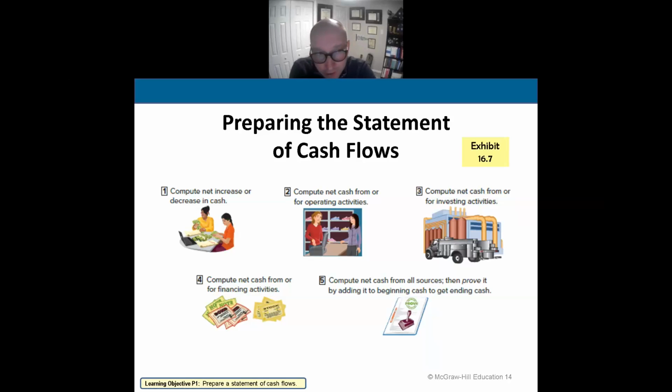The way we prepare a statement of cash flows is the first thing we do is we calculate our net increase or decrease in cash. Then we look at our net cash flows from operating activities, then our net cash flows from investing activities, our net cash flows from financing activities, and then we find our ending balance.